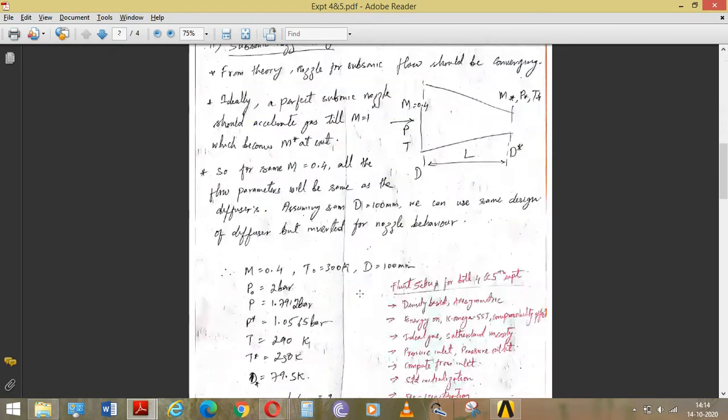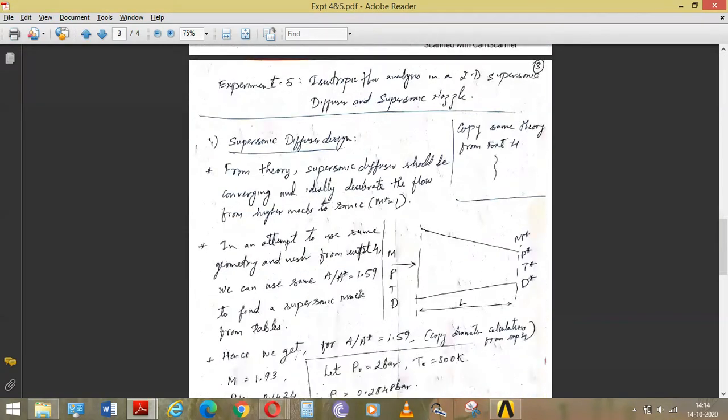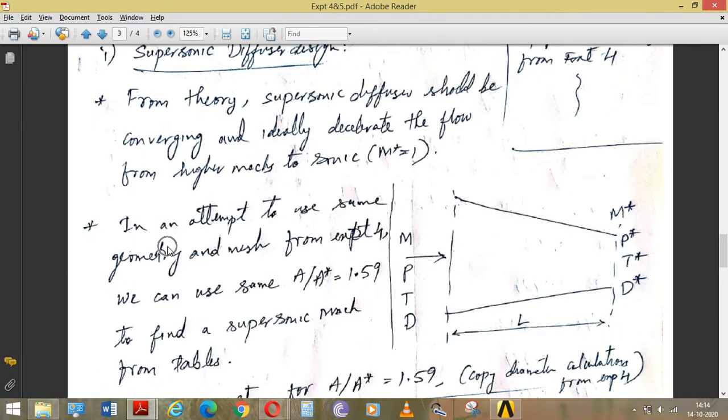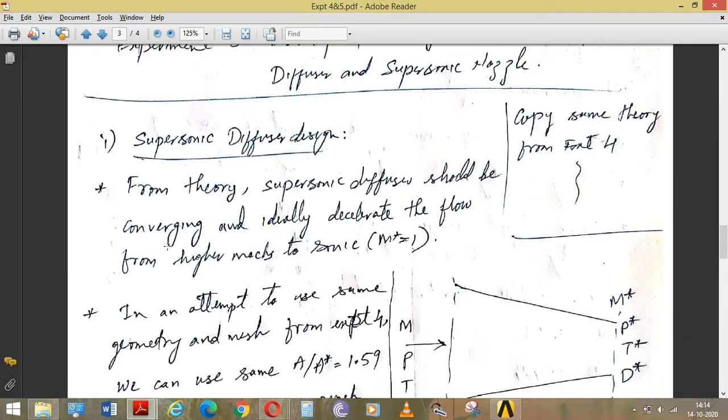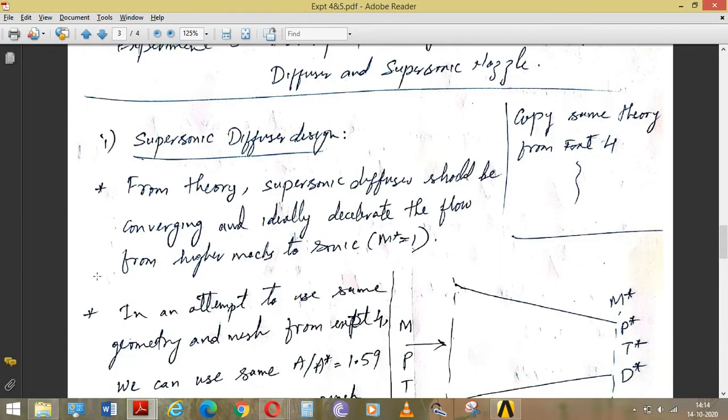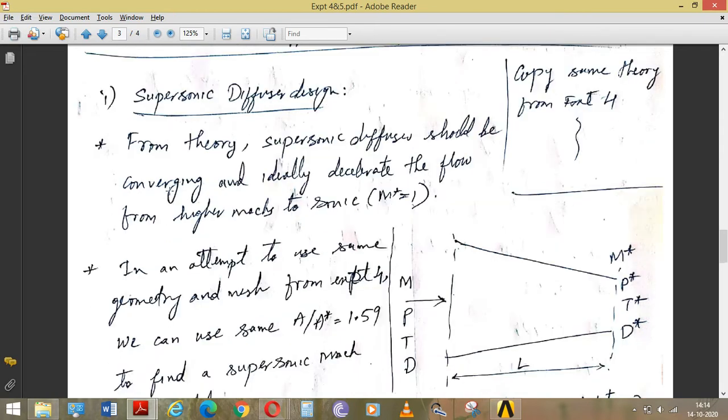So going to experiment 5, there are some calculations required for experiment 5 and obviously 4. We know from the theory of gas dynamics that a supersonic diffuser should be converging.